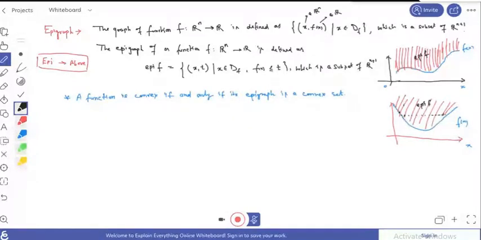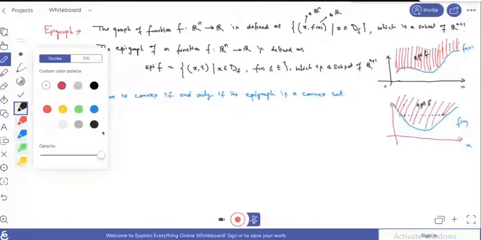Okay, you can see that if we take two points, that straight line is always above the curve. So this means if epi of f is a convex set, then your function is a convex function. Okay. So similarly, we can define hypograph.